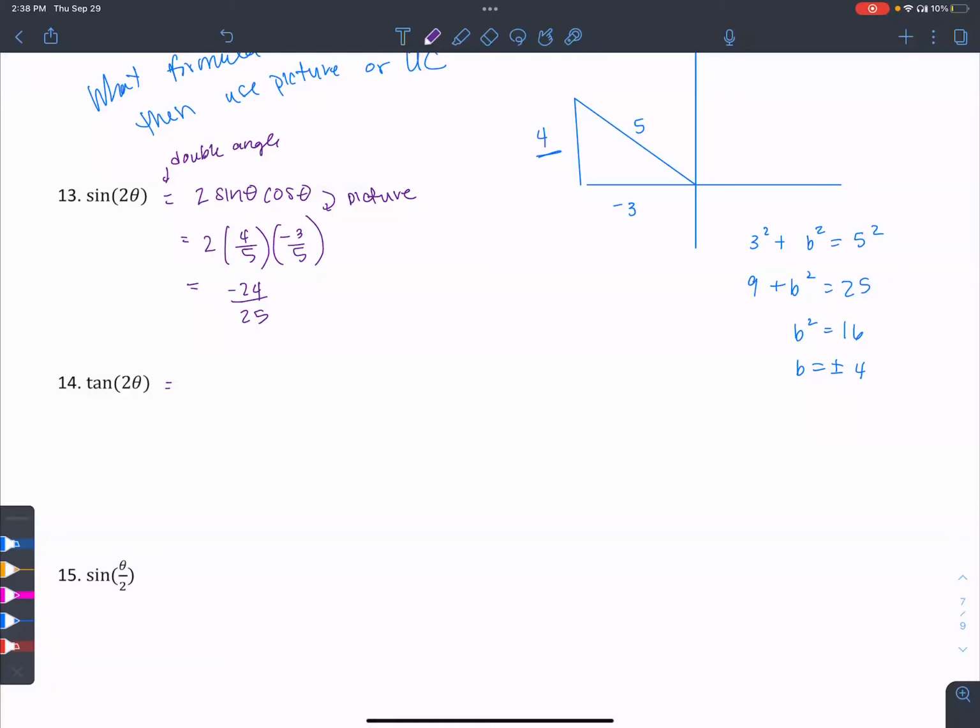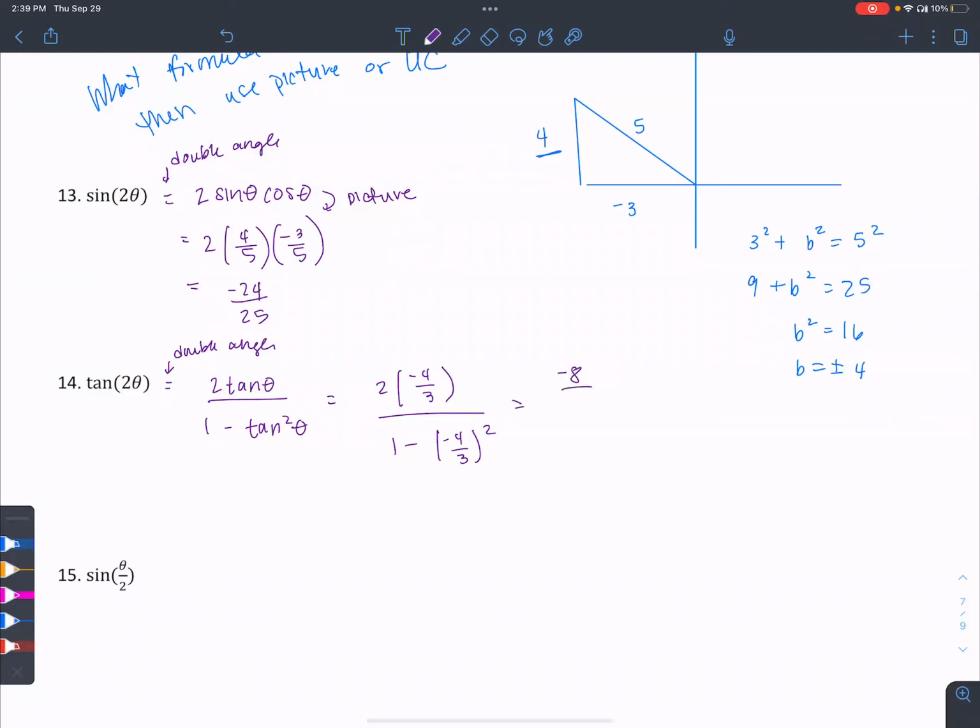Tangent of 2 theta, you're going to have this formula, but it's 2 tan theta over 1 minus tangent squared theta. This is the double angle for tangent. All right, so the tangent of theta is opposite over adjacent, so -4/3 over 1 minus -4/3 squared. So that is 2 times 4 is 8, -8 over 3 over 1 minus 16 over 9.